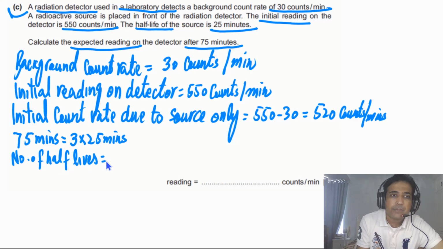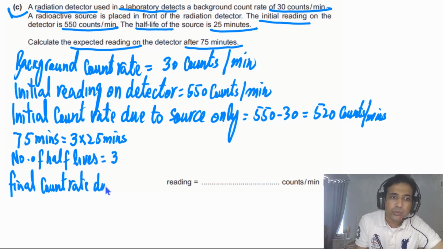Number of half-lives in this case will be equal to 3 half-lives. So now we can write down the final count rate due to source only, after 3 half-lives.